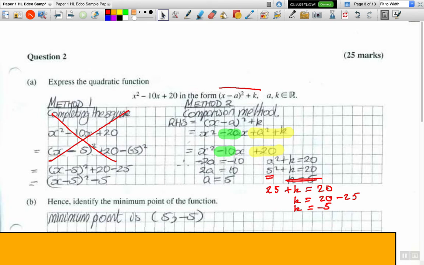We've now got the minimum point is (a, k), and why is it a minimum point?